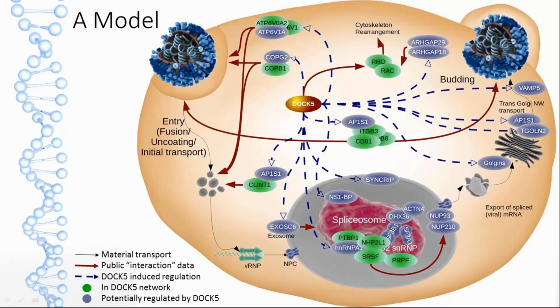Nevertheless, we find some of these targets in our network. On the other hand, we also find interactions and pathways and particular genes in our network which are related to the spliceosome and mRNA processing that happens in the nucleus. And so this is some of our model. To some extent we identified and validated some of the components, but of course more needs to be done.